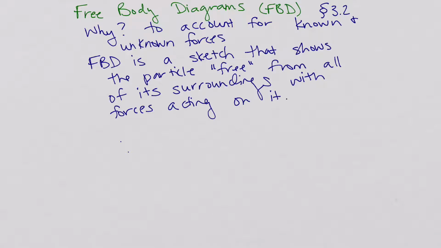The steps for a free body diagram. So we're basically just taking that particle free from everything else and then adding the forces that are on there, so it'll help us solve problems easier.